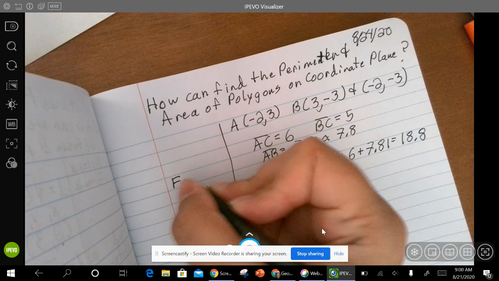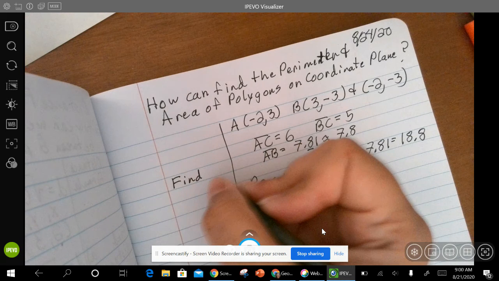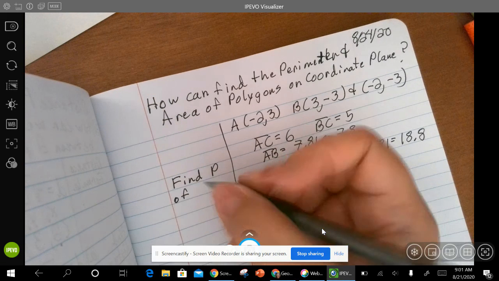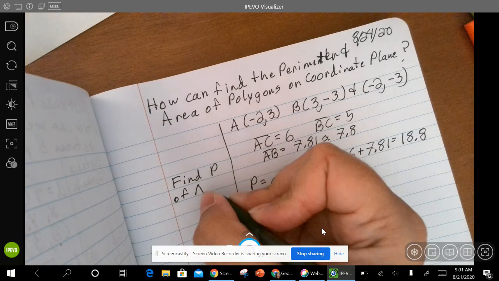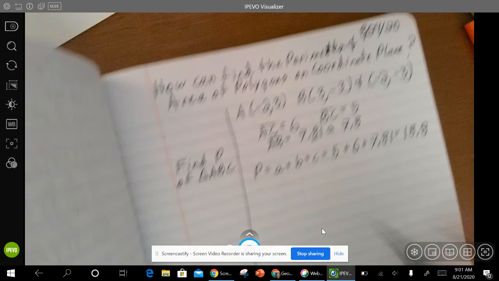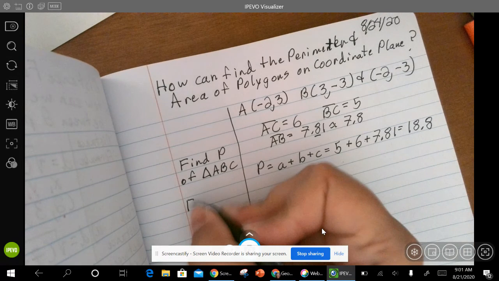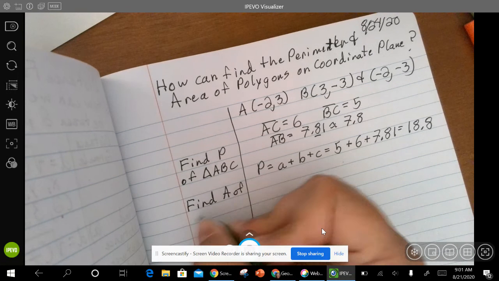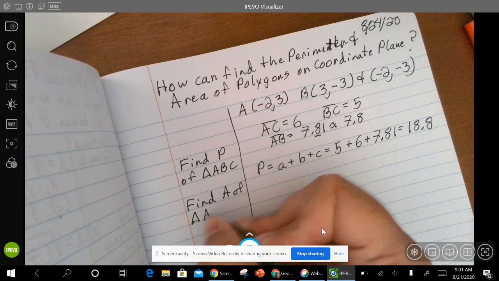So we're going to find the perimeter for triangle ABC. Okay, and then we're also going to find the area of the triangle ABC.